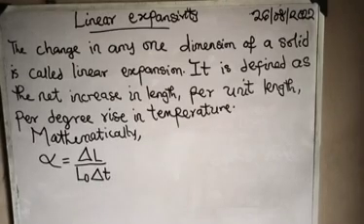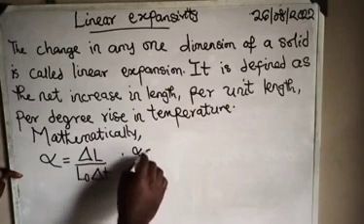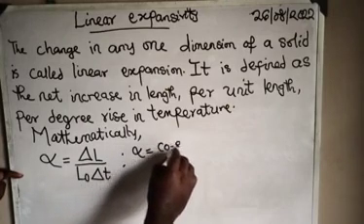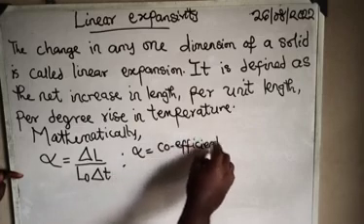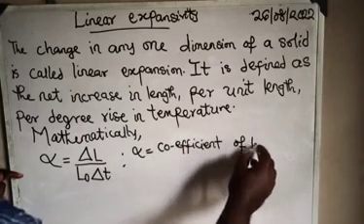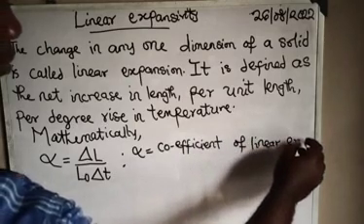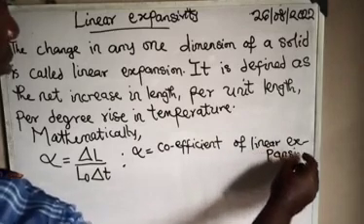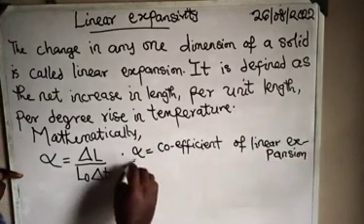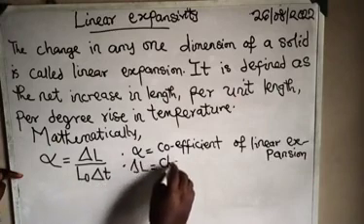So here, the alpha stands for the coefficient of linear expansion. The change in L stands for the change in length.